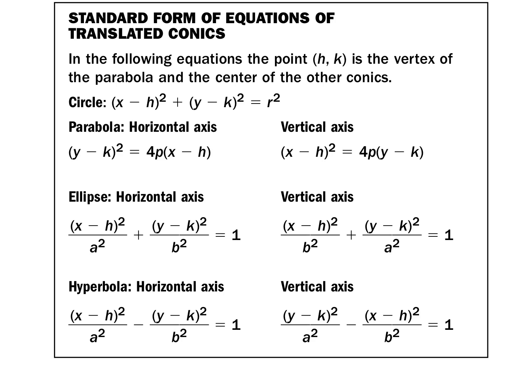So h, k is the vertex. Okay, and that goes for vertical axis parabolas as well. And in circles, h comma k is the new center.